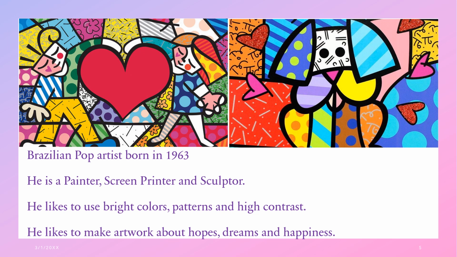That's how they get those fun designs on your clothes. And he's also a sculptor. What makes him unique is he likes to use bright colors with very large chunky patterns and high contrast. So high contrast, we'll talk about that in a moment. He likes to make artwork about hopes, dreams, and happiness.